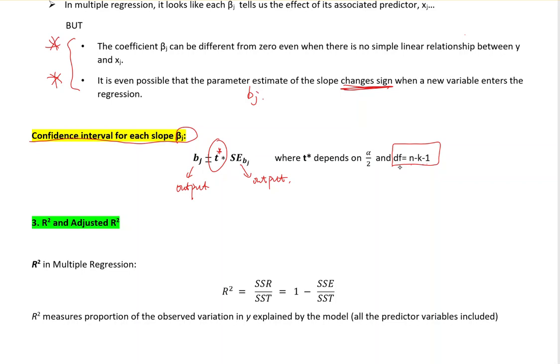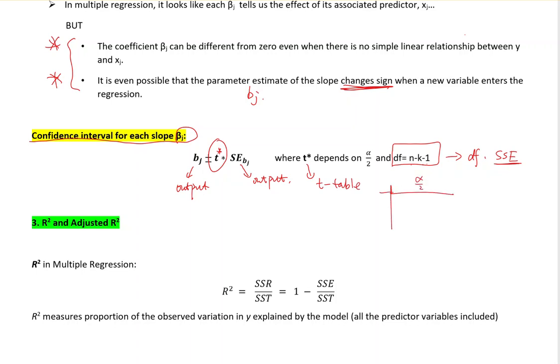The degree of freedom here is actually the same as the degree of freedom of SSE. Remember that? Since it is the standard error, it is the same as the degree of freedom of SSE. So to find the t star, you need to go to the t table and combine alpha over 2 and the degree of freedom.